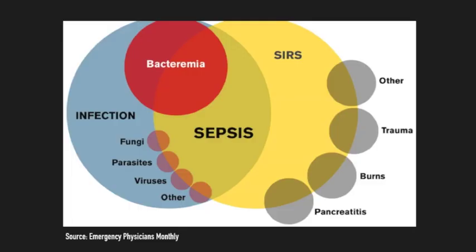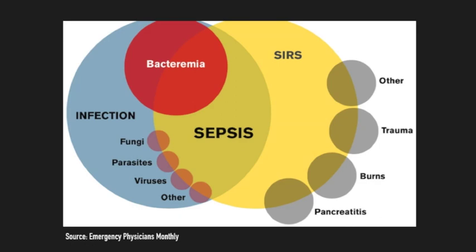I threw this slide in because I thought it was a really interesting visualization of the differences between SIRS and sepsis. Again, I want you to note that sepsis isn't always from a bacterial cause. There can be other causes such as fungus, parasites, and viruses. On the other end of the diagram, as I was trying to reiterate earlier, there are other conditions that also show a SIRS response, but it doesn't necessarily mean that the patient is septic.